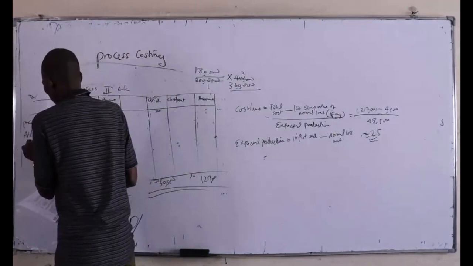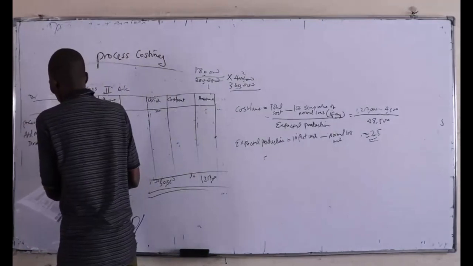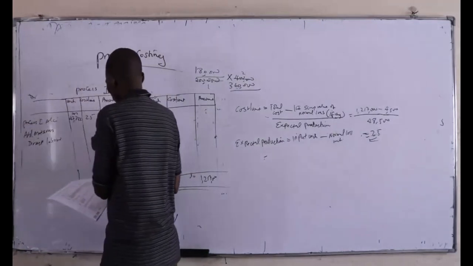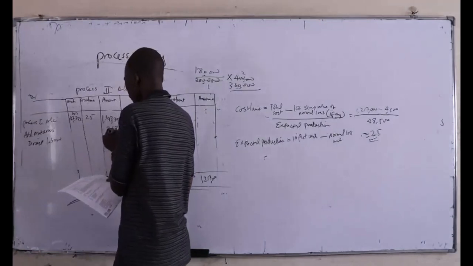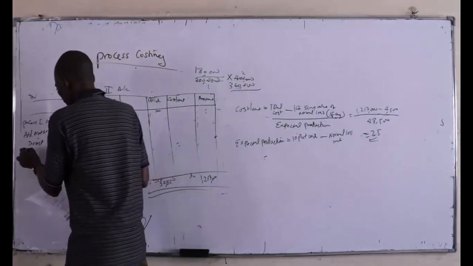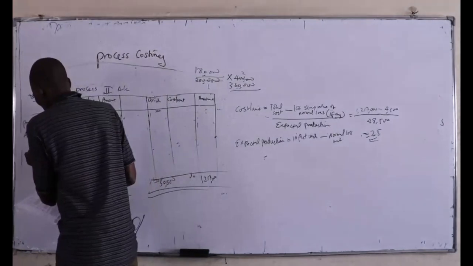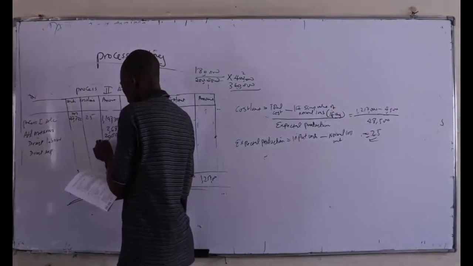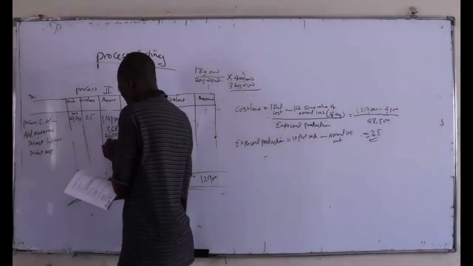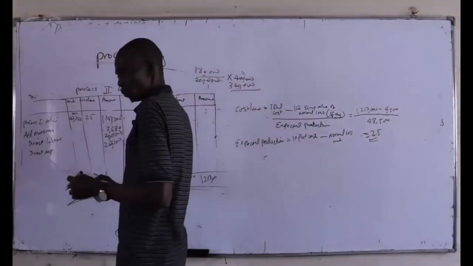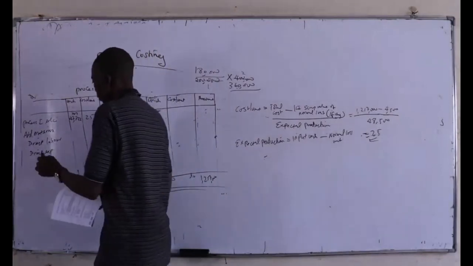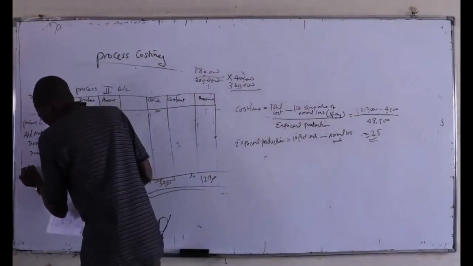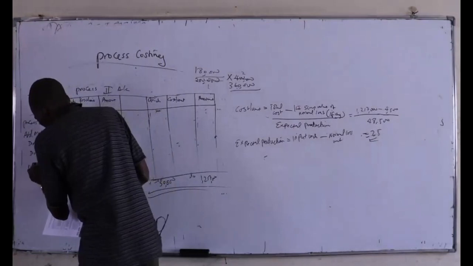Direct labor here, only for process 2, it is 20,000. And then we have direct expenses. Only for this process, it is 266,100. So we also have overheads. So overheads, production overhead.